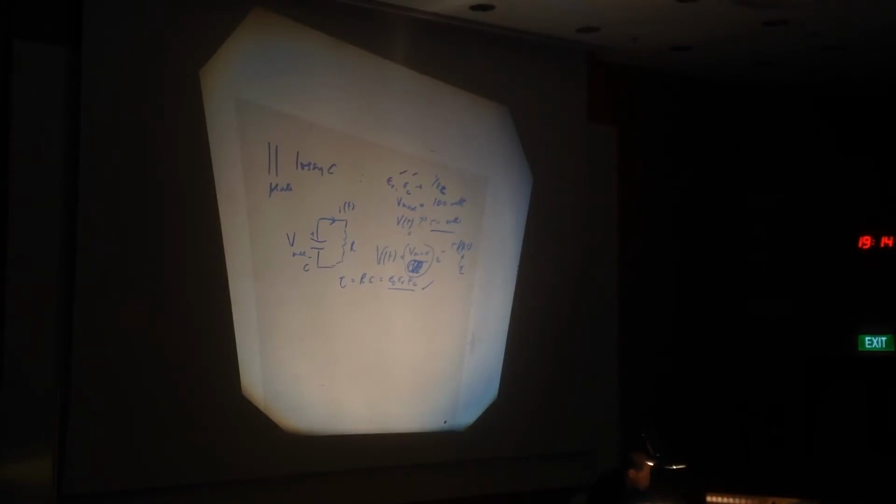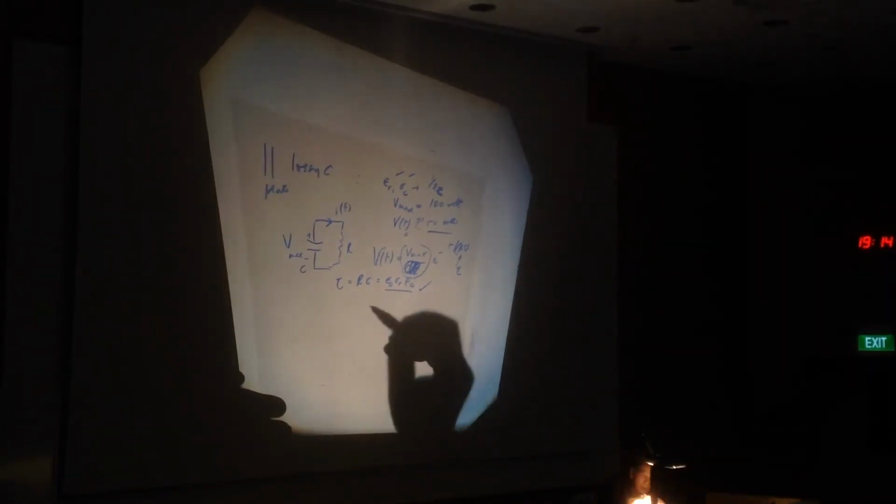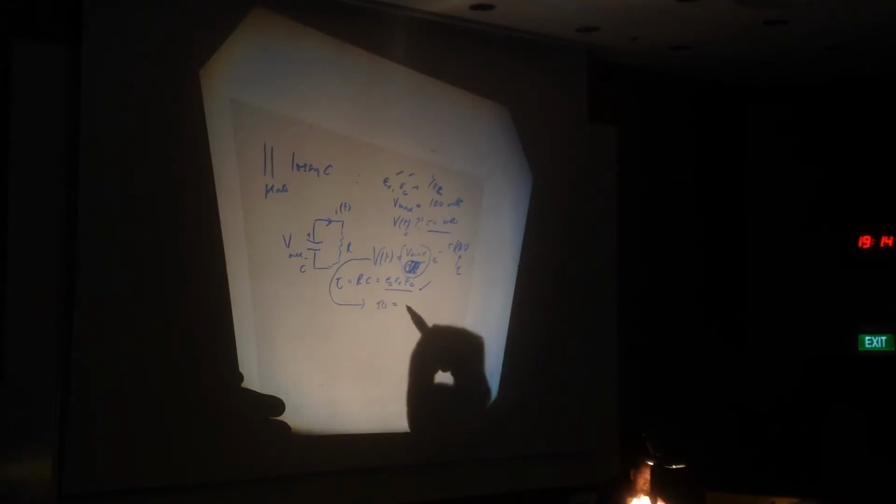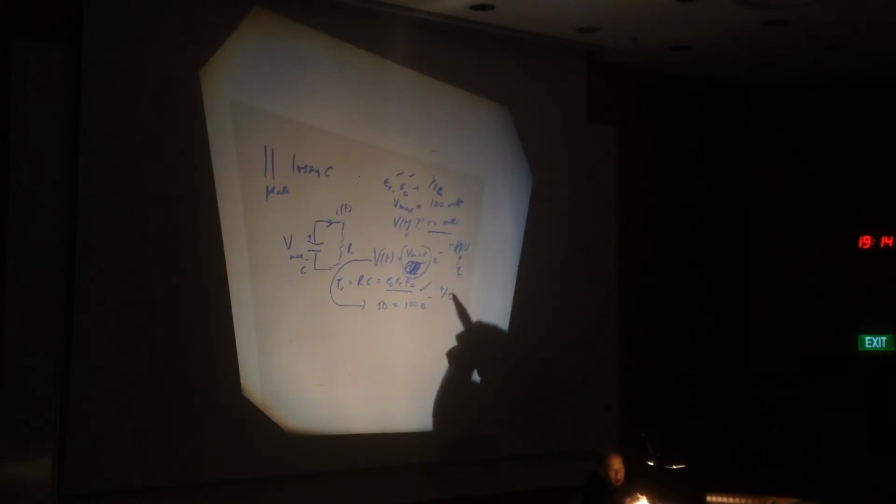Okay? So if you are given, in this case here, it will be equal to, just do it, because 50 equals 100 e to the minus t on tau. You know tau, you can find t.